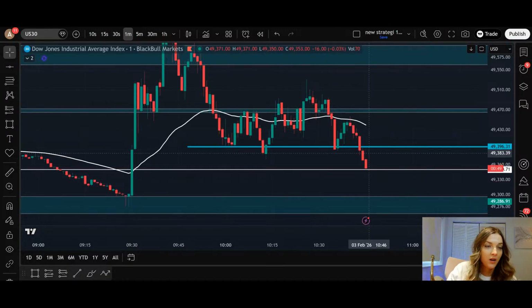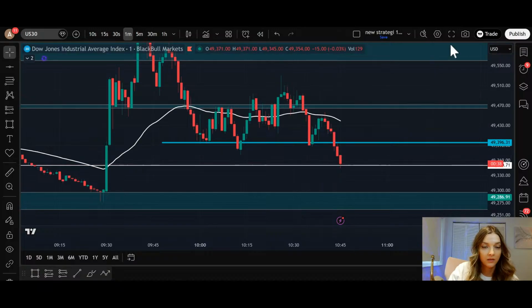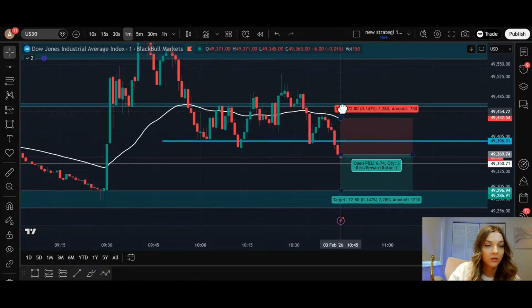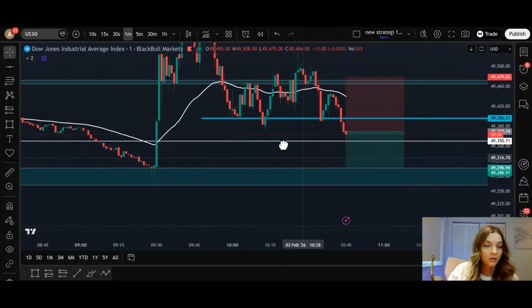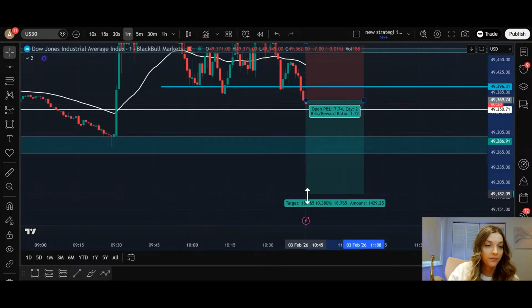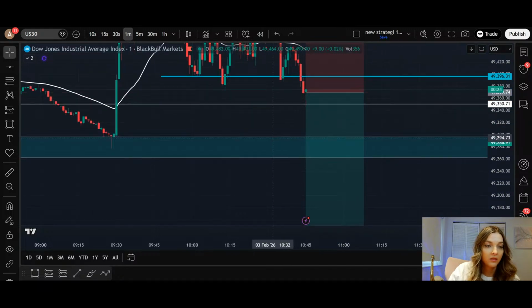Okay, so now that's the first candle that breaks below. If you want to go on a short, this will be the candle, and just go till this area like this. But guys, I'm gonna be done, finished in 5 minutes. If you want to sell, yeah, but just till this area right here.